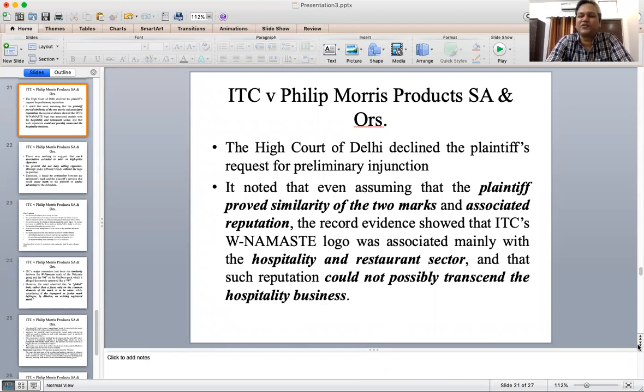It is not to be presumed that the reputation built only in these two sectors, hospitality and restaurants, could easily extend beyond that business and reach other products. Their reputation, as regards the W Namaste logo, was restricted to only one business, the hospitality and restaurant sector.